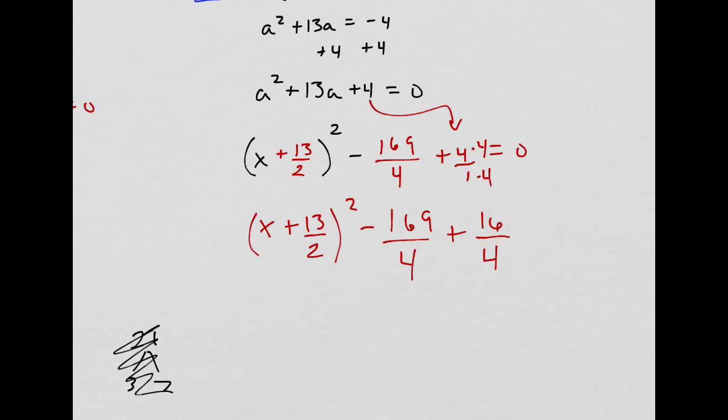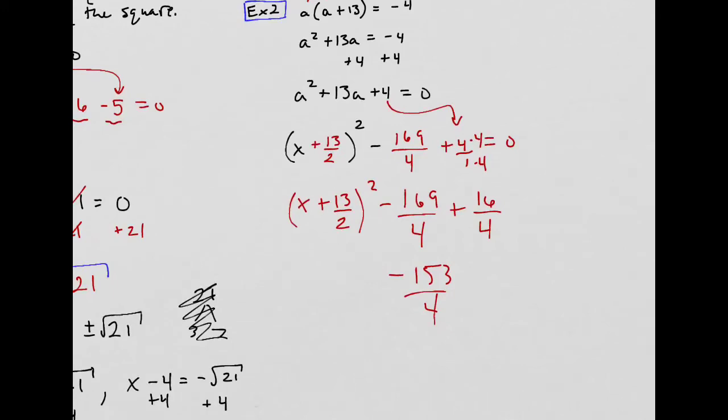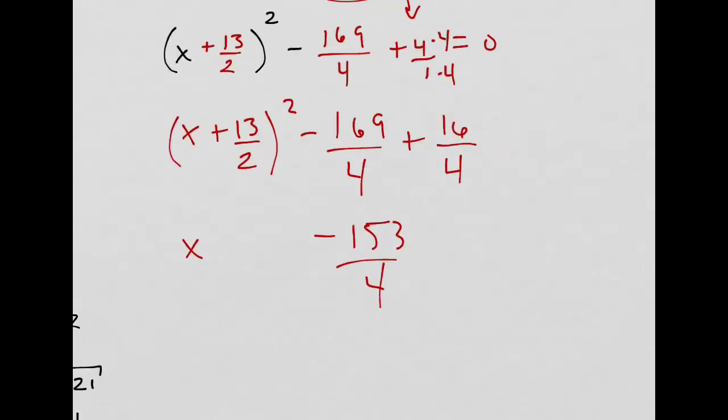So negative 169, that's what I got to think. Negative 169 plus 16. I can even use a calculator. And that's a negative 153 over 4. I can't divide that. And I have an x plus 13 over 2 still, quantity squared, equals 0.